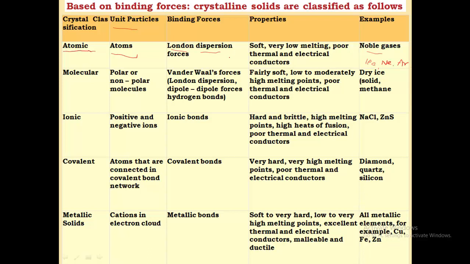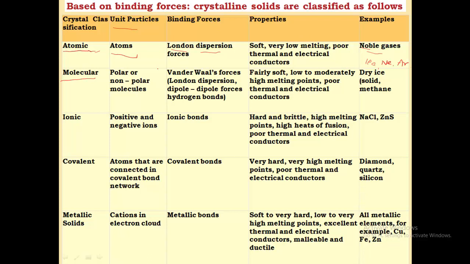All these are examples of atomic solids. Most of the time they are included in molecular solids only, but here they are individually classified as atomic crystalline solids.